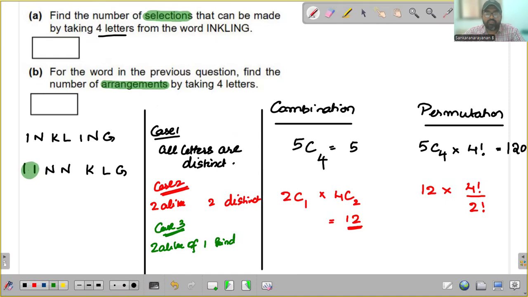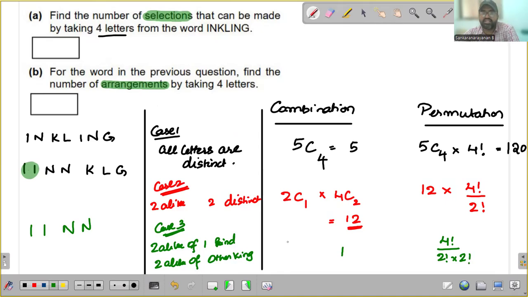Basically, we are dealing with something like IINN. That's what we are considering. So the number of ways that can happen is equal to 1. The number of permutations will be nothing but 4 factorial upon 2 factorial into 2 factorial. Suppose I decide IINN, it will be like 4 factorial divided by 2 factorial into 2 factorial.